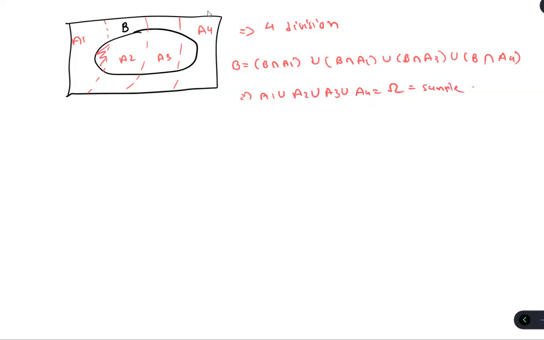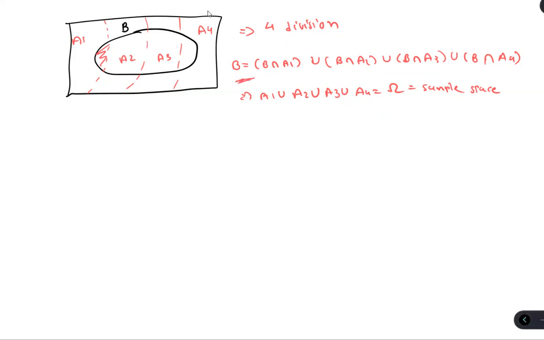Sample space, right? Now what are we doing? To write the above, we should have all the Ai's mutually exhaustive, meaning covering all the sample space.